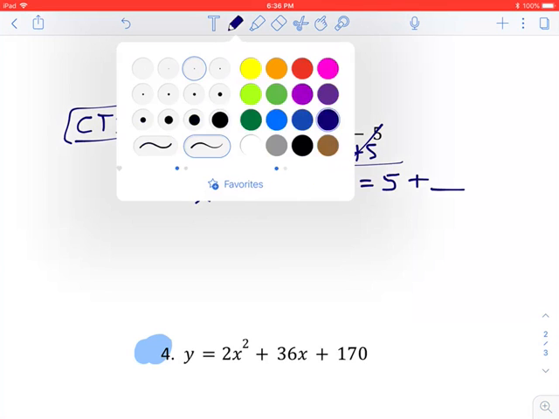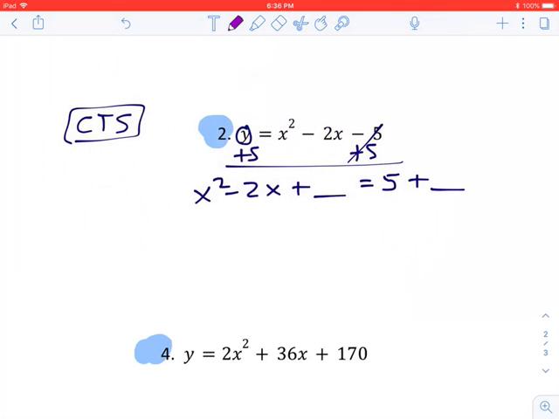That number is going to be half of negative 2, so 1, and then 1 squared is 1. So I add 1 to both sides. And on this side I've got x minus 1 in parentheses squared equals 6. Then I subtract the 6 to get that to be 0.